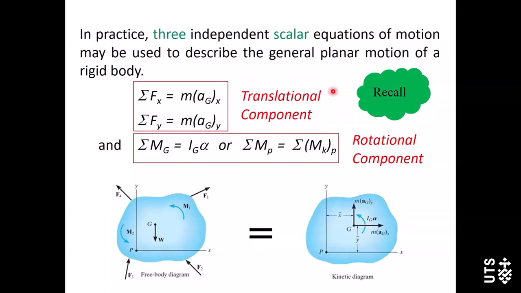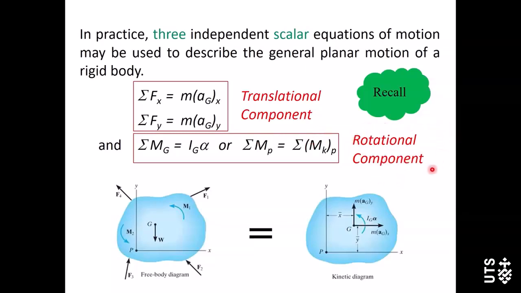So for the translational component, we have two components: one along the x direction and another along the y direction if we use an x, y coordinate system. And this one is the rotational component.